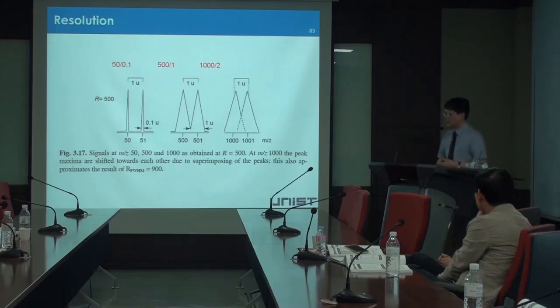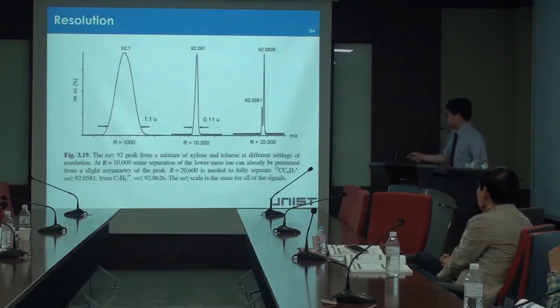Fortunately, our target chemicals are less than 400, or 300. So we usually use a high resolution above 10,000, which is enough for separating dioxin and other chemicals.